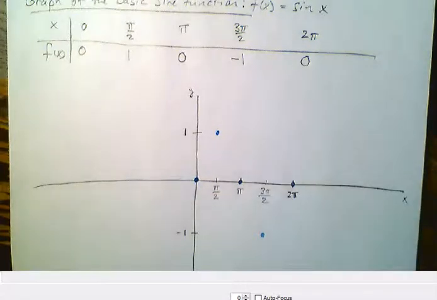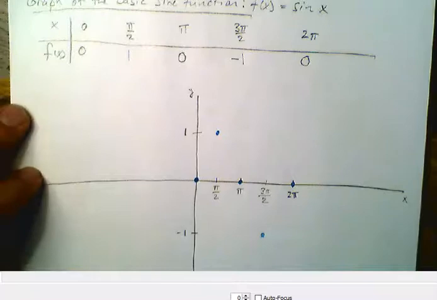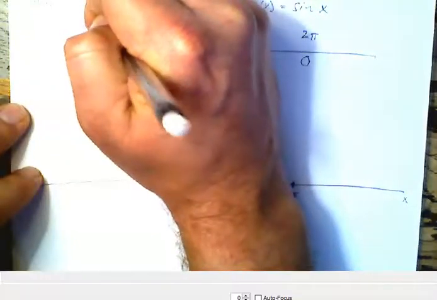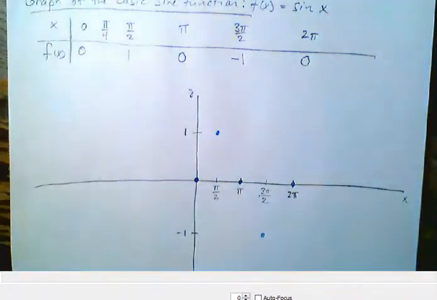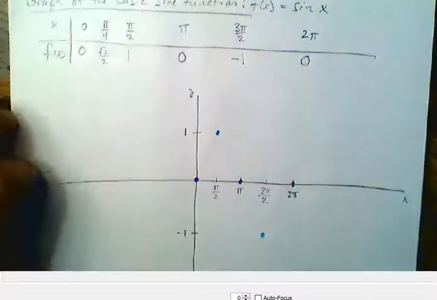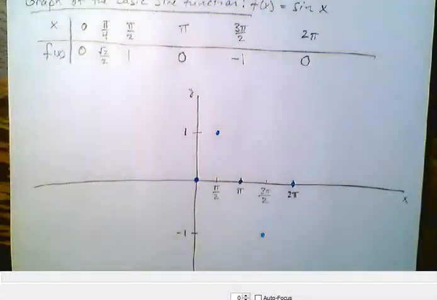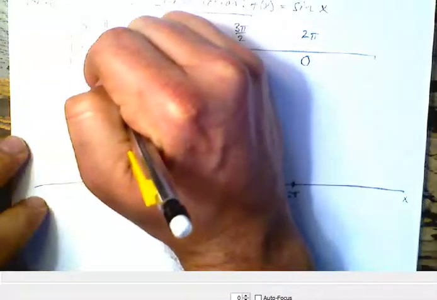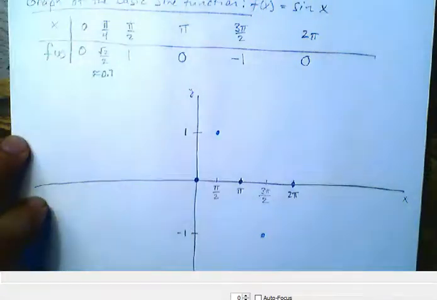Well, it's hard to see here, but we can fill in some values from the unit circle. So I'm going to go up here and fill in a few values and see what happens. So I'm going to look at the value at pi over 4 as well. The value at pi over 4, if you look at your unit circle, is the square root of 2 over 2. Right, the value at pi over 4 is root 2 over 2. This is approximately 0.7.